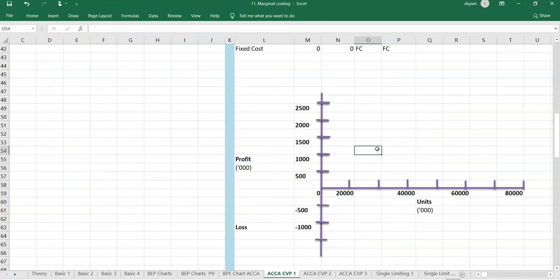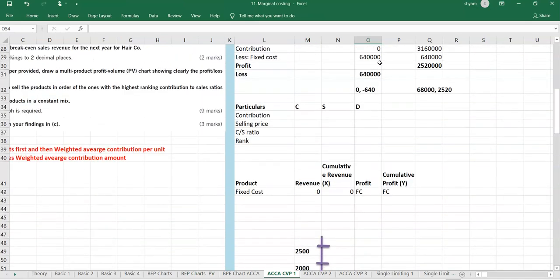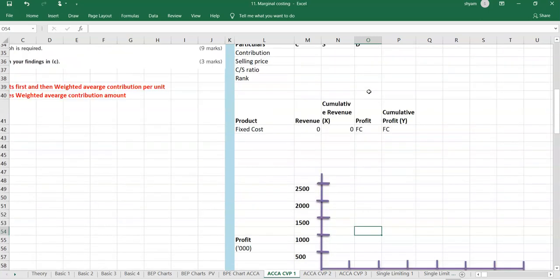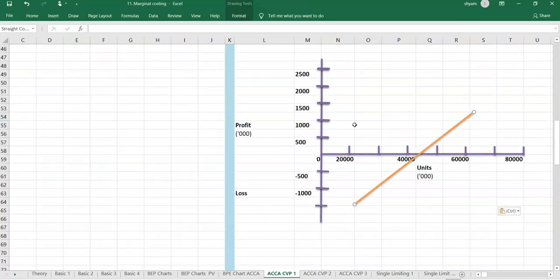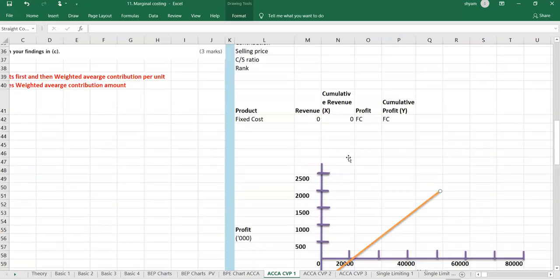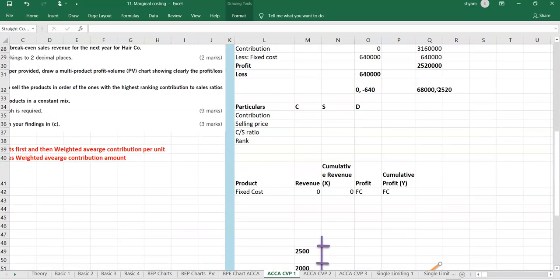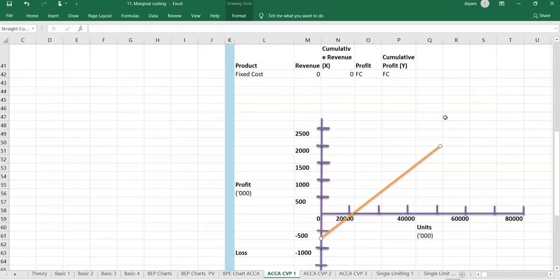The line would be on these coordinates: 0 comma minus 640. So the 0 units is here, and 640 should be somewhere here. That's a loss. And the profit at 68,000 units is 2520.